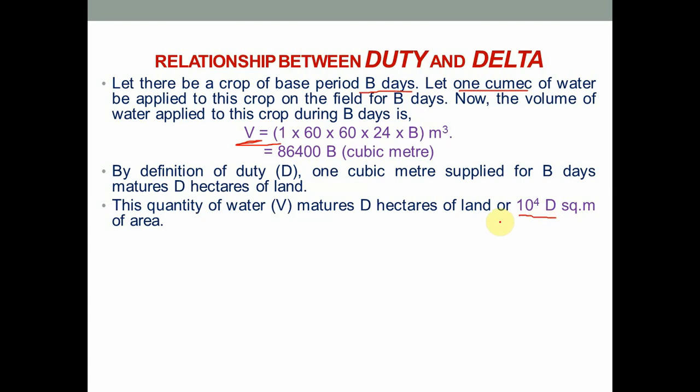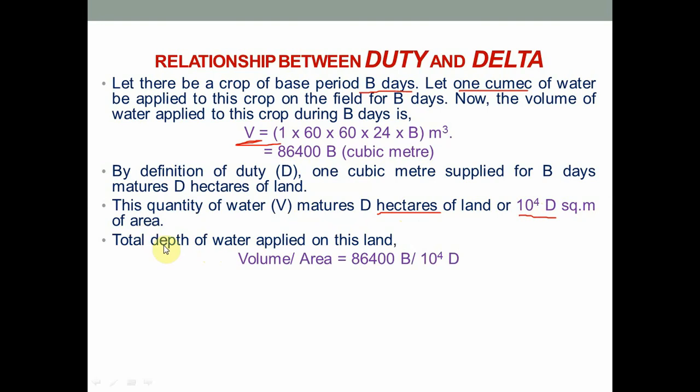Now what we have done here is we have converted hectares into square meters. Both are units of area, so for our calculation purposes we have converted hectares into square meters. Now 1 hectare is equal to 10 raised to 4 square meters. So this volume of water, 86,400 B, will mature D hectares or 10 raised to 4 D square meters of area.